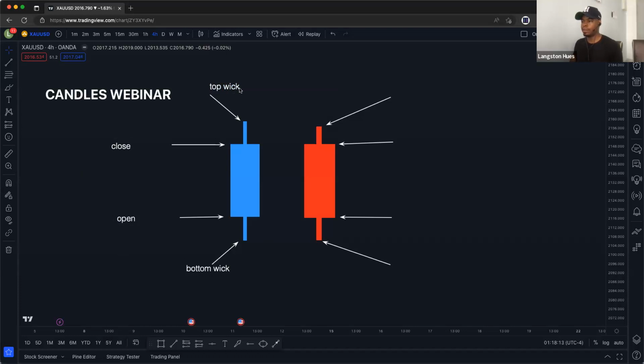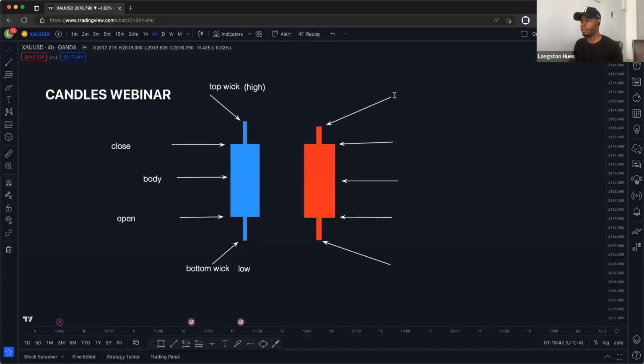But actually, you can also say that this is the high. And likewise down here, this is the low. Now, in between the open and the close that we see here, this is also something. So what is that? We call that the body.